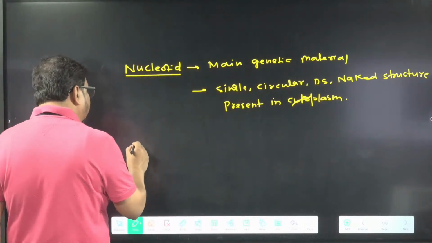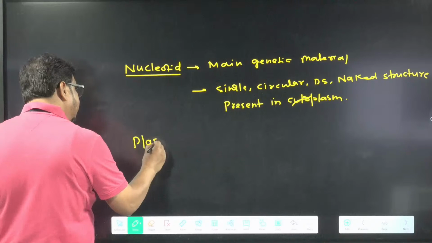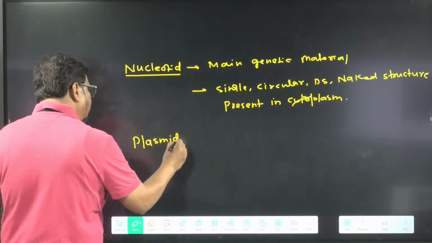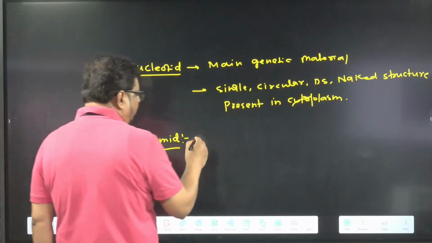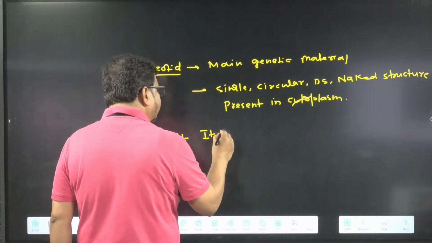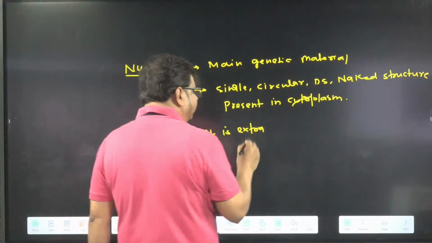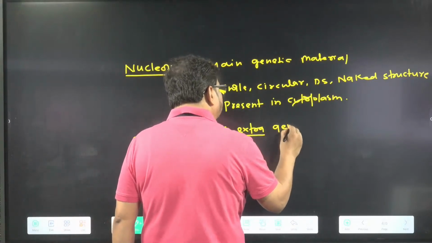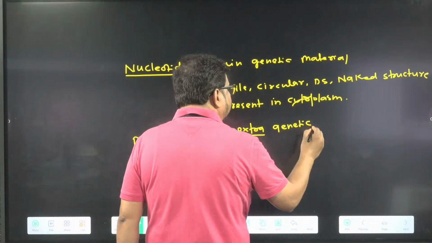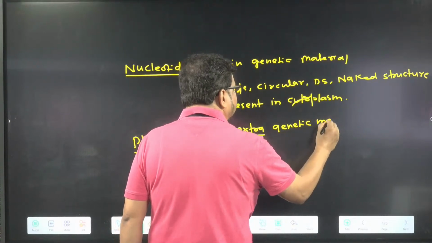Now I am telling you about the plasmid. You have to know. This plasmid is extra genetic material. It is not the main genetic material.